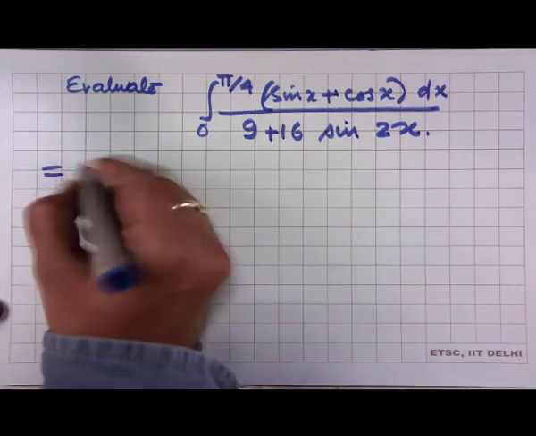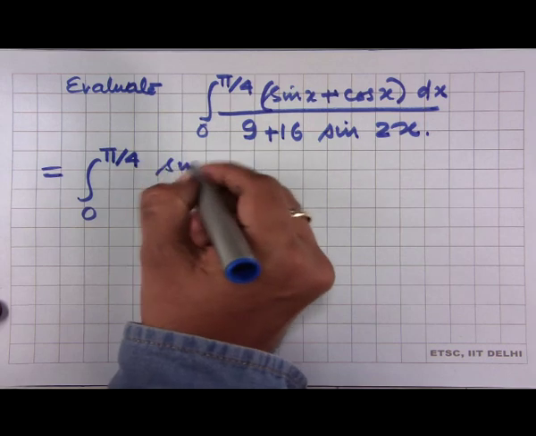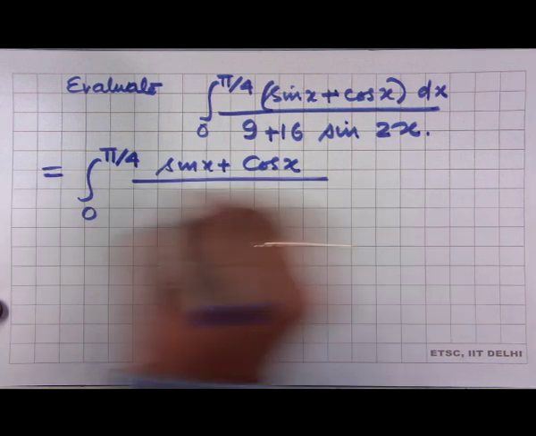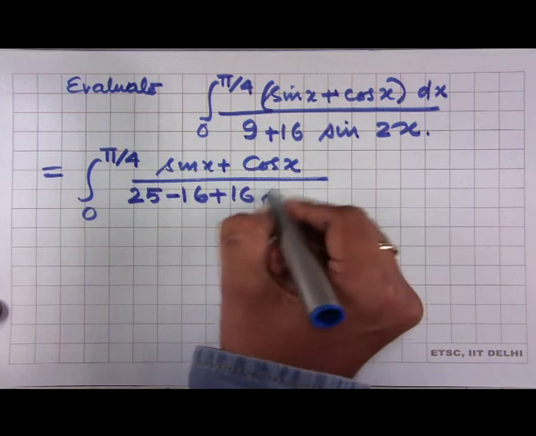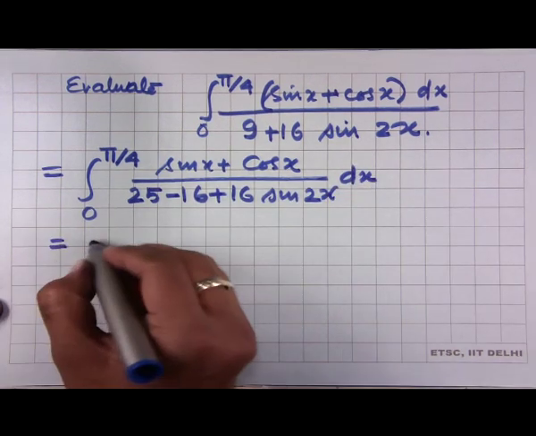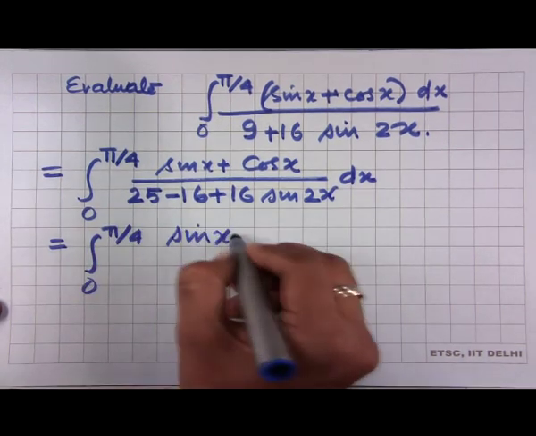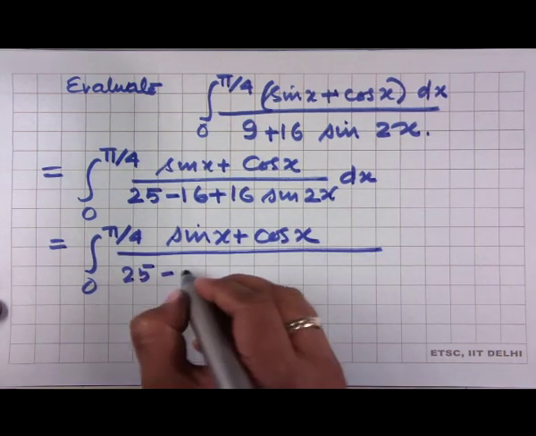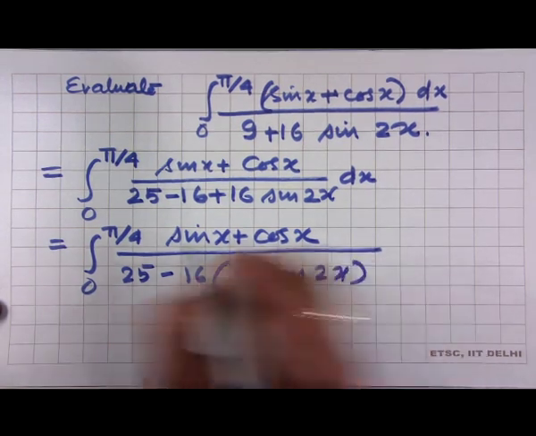So this we can write as sin x plus cos x by 25 minus 16 plus 16 sin 2x dx. So this can be written as 25 minus 16 (1 minus sin 2x) dx.